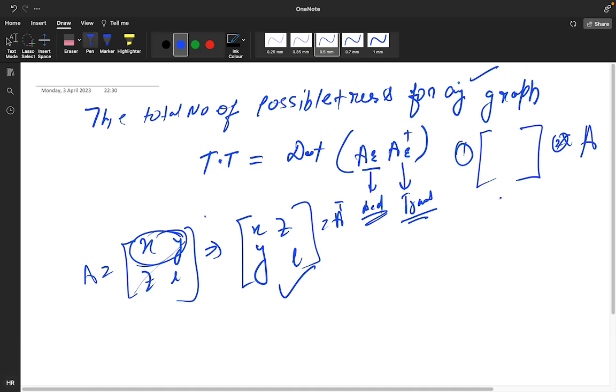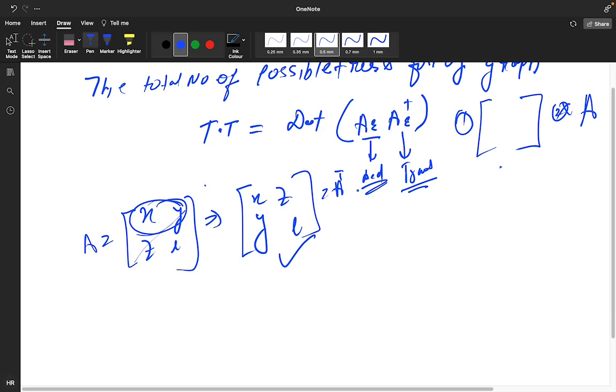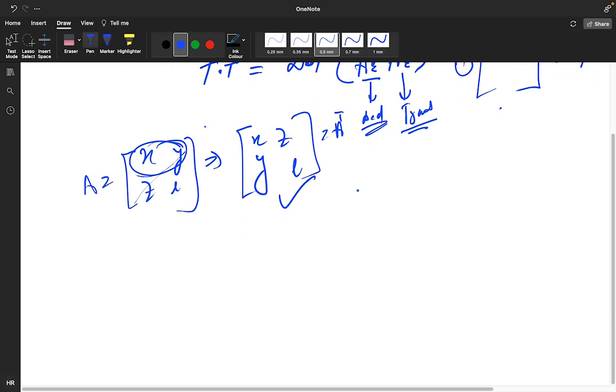So this was the concept. Write one more formula, the total number of node pair voltages. This is also an important formula.